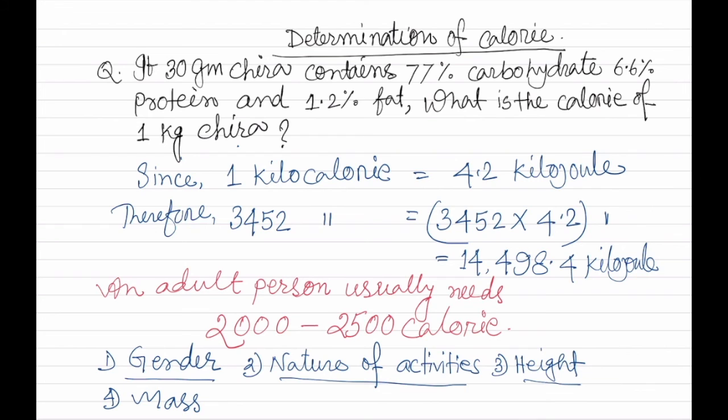If the calorie intake is more than necessary, it is stored in the body as fat. In animal body, food is stored as fat or glycogen, but in plant body, it's stored as starch.